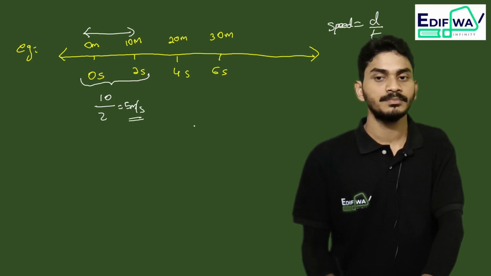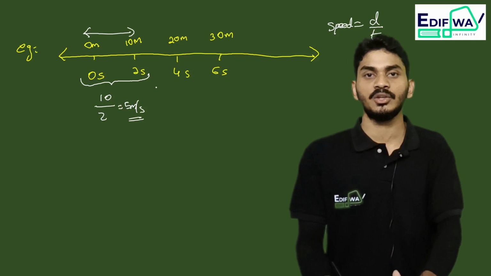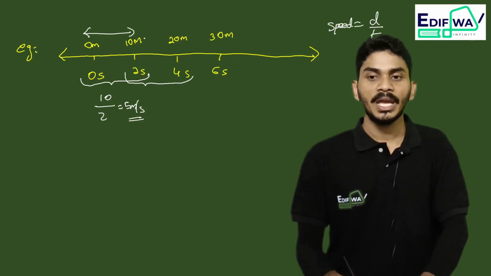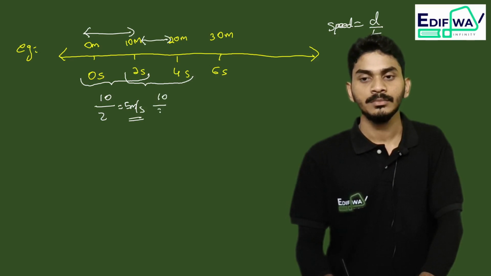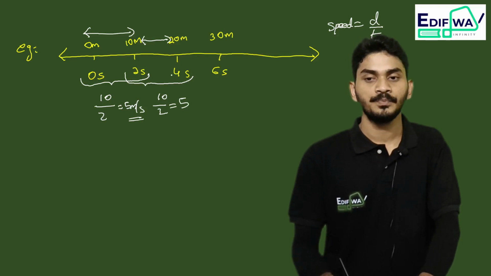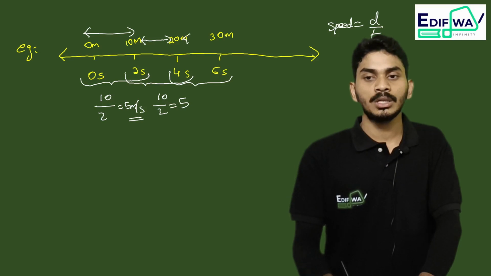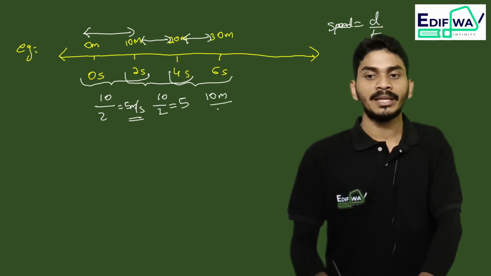Now let's consider the second interval, 2 second to 4 second. Again, your distance is 10 meter and the time interval is 2, so again you get 5. Now from 4 second to 6 second, your distance is 10 meter again and the time is 2 second, so your answer is 5 meter per second.